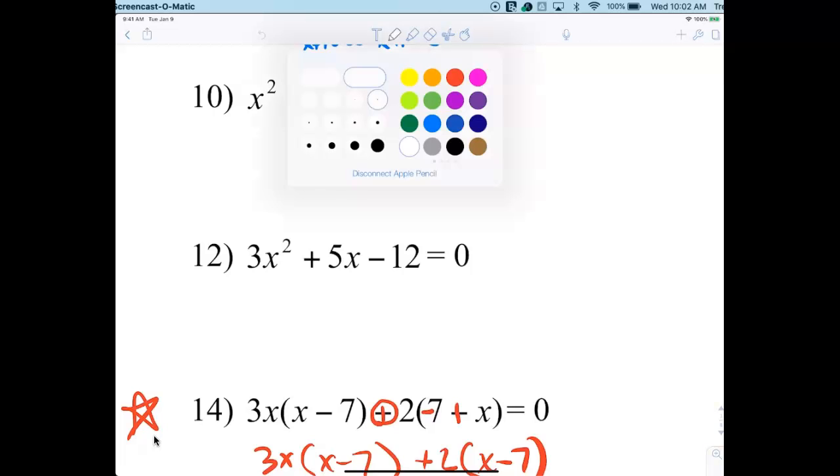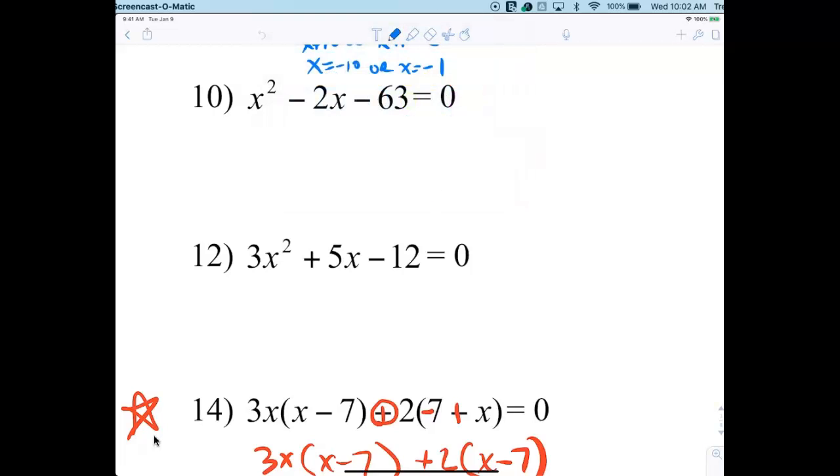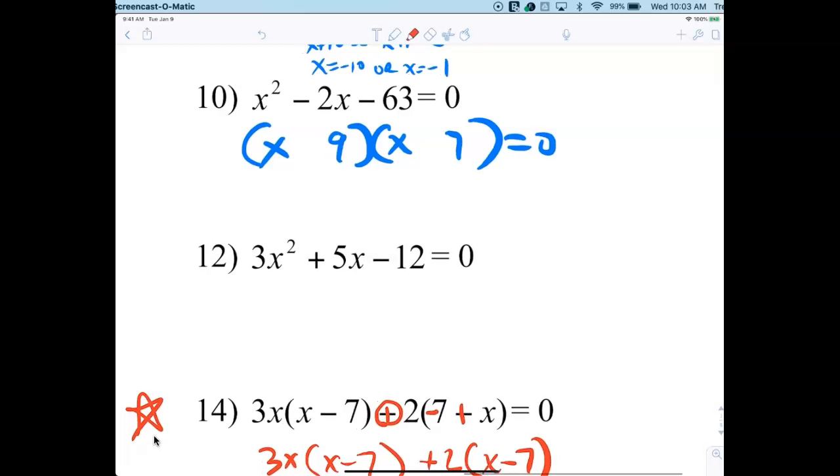Ian, what does it factor to? X and X. Yep. So it's going to be x plus 9. Let's do 9 and 7 first. Now, what do I want the middle term to be? I want the middle term to be -2.